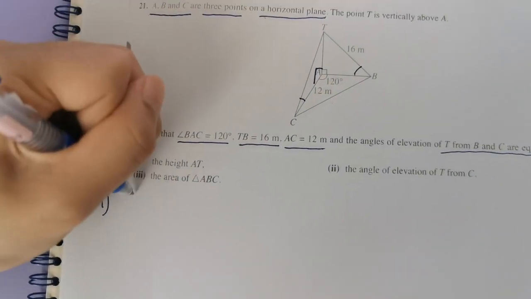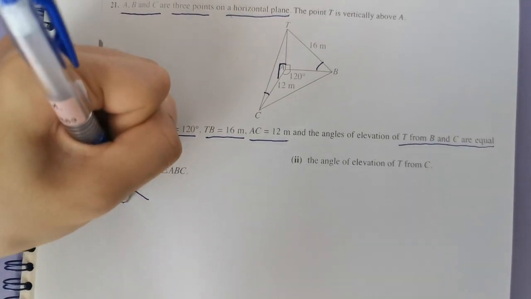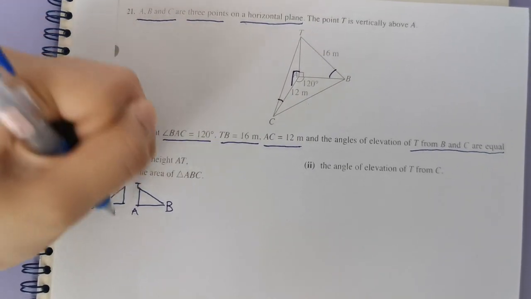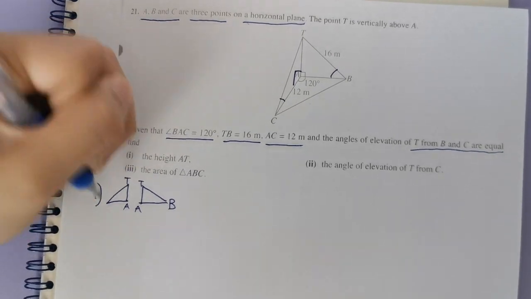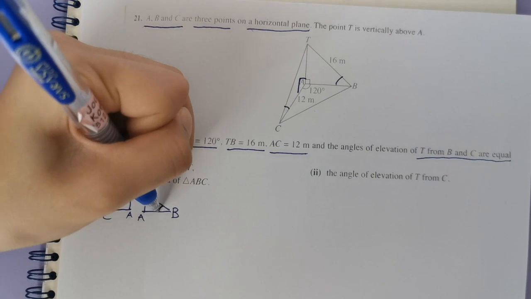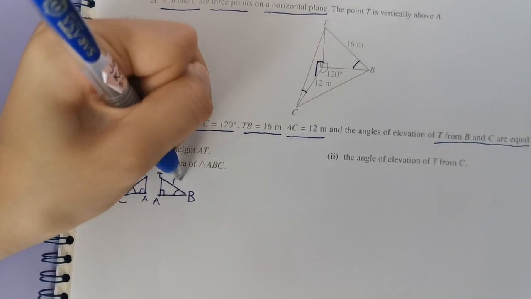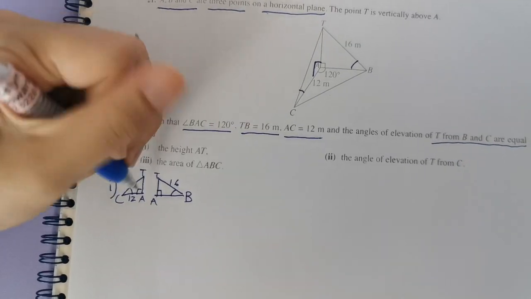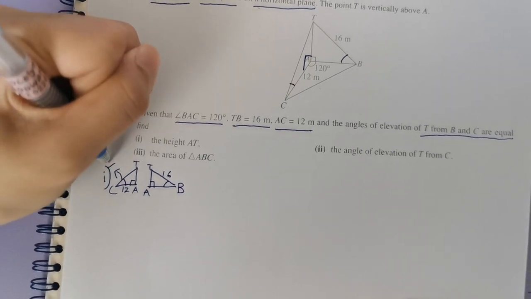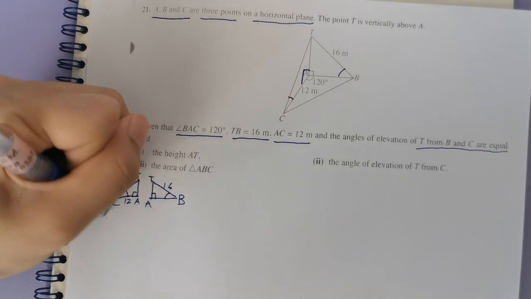So what I'm going to be doing here is I'm going to draw 2 triangles. So this is going to be B, this is going to be AT, and this is C. So as you can see here, as we said before, the angles of elevation are equal. And this is right angled, this would be 16, and this would be 12. So we don't know what the angles of elevation are, so we're going to call them X. Okay, so we're going to be looking for it like this.